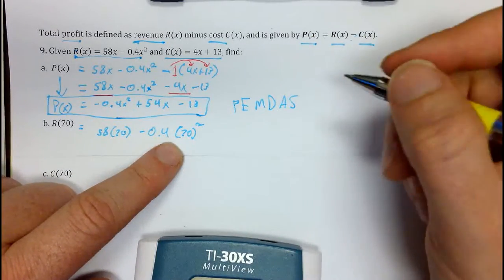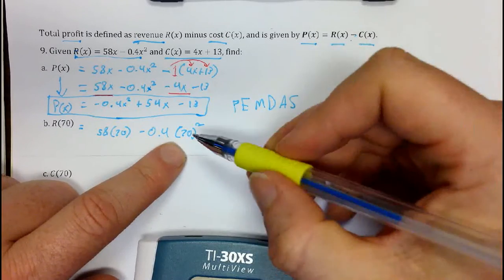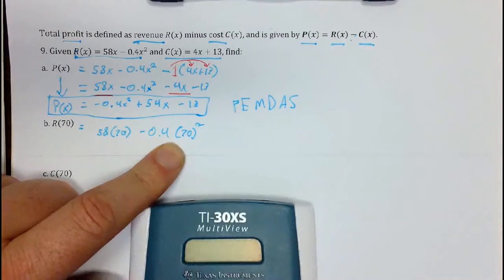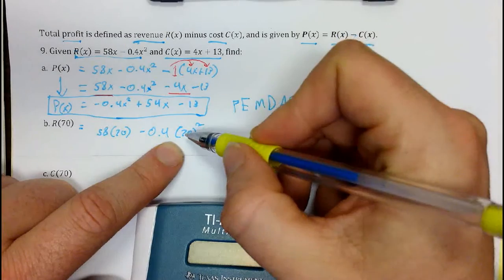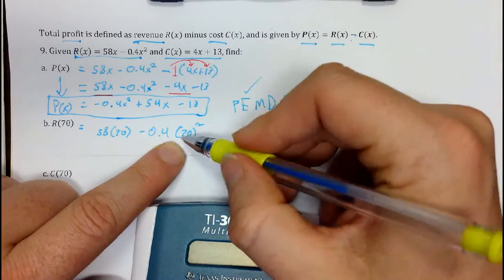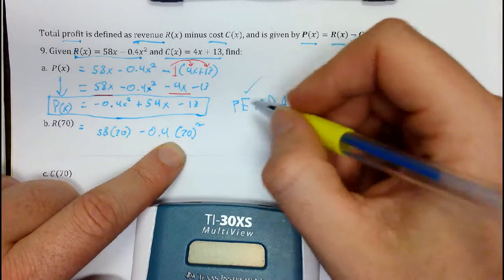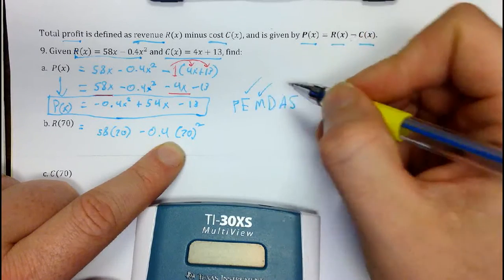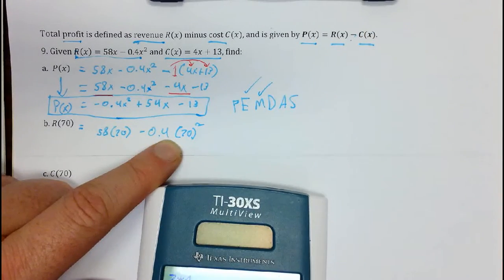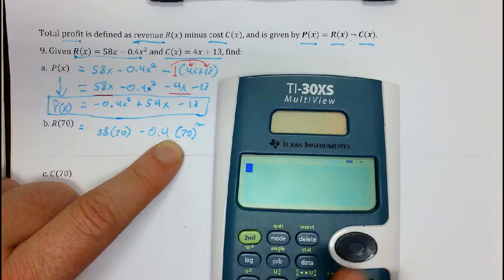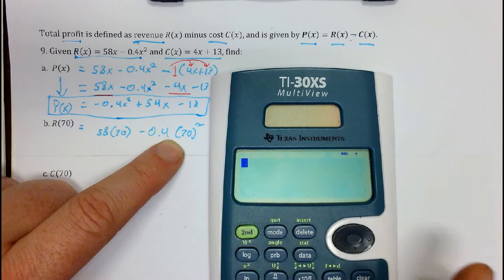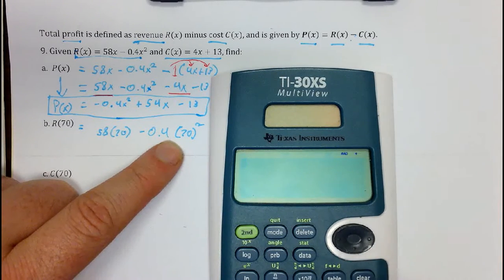Almost every student I've encountered is familiar with this concept, but they forget about it when they're actually doing it. We need to do our exponent first, and then move on to multiplying this 0.4. So exponent, then multiplication. Of course, if you're doing it with a calculator, you can do it all at once, but you need to be careful with how you input it.